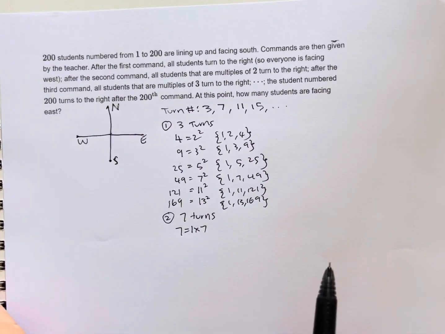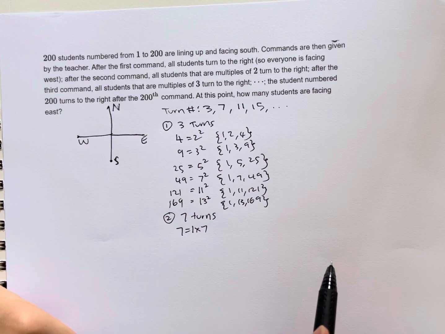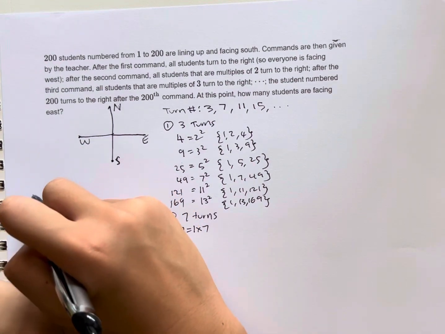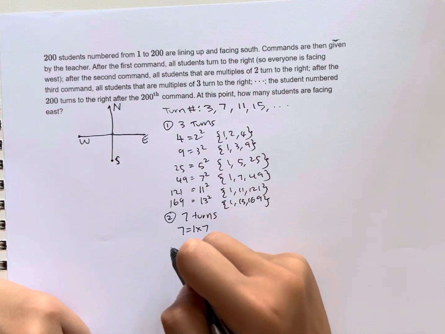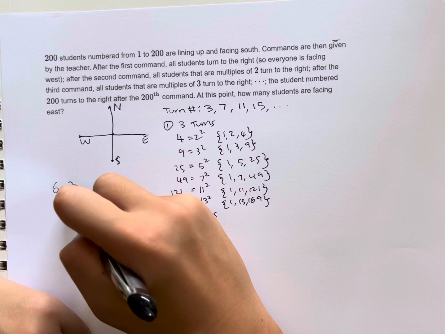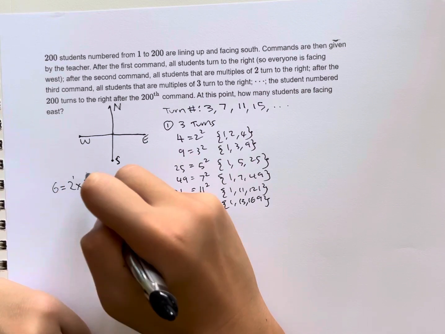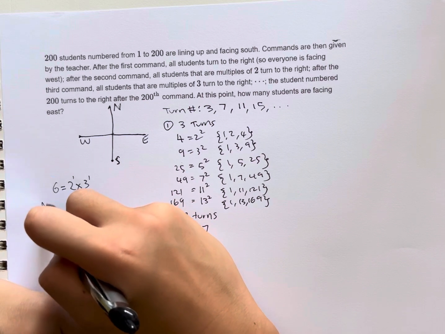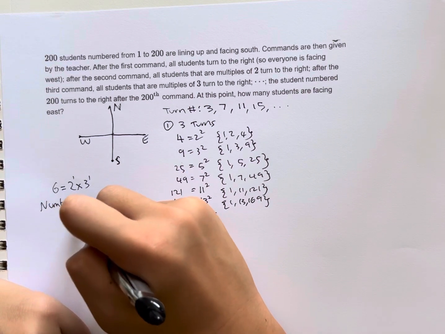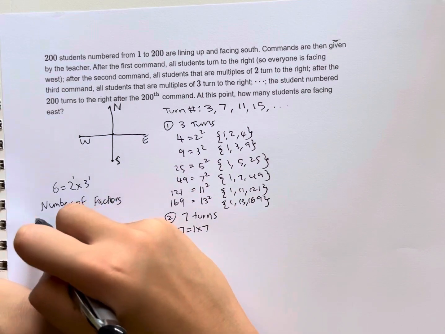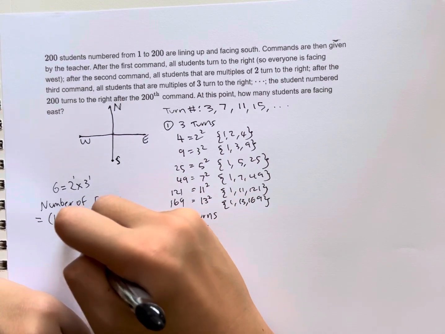So say we have an example here. You have the number 6. 6 equals 2 times 3, to the first power times 3 to the first power. The number of factors will equal 1 plus 1 times 1 plus 1.